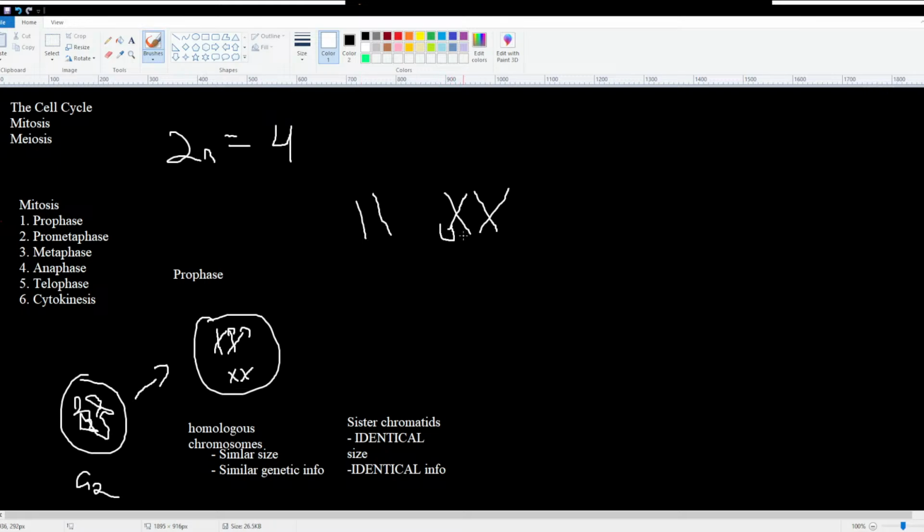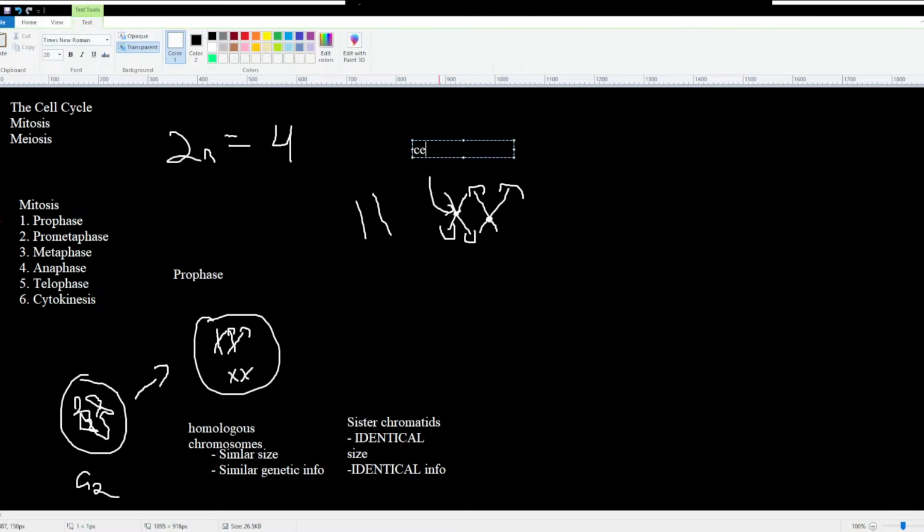But within these duplicated chromosomes, so chromosomes would appear like this after the S phase of the cell cycle, these would be sister chromatids, because sister chromatids are attached at the centromere. The center of the chromosome, after it's been duplicated, is known as the centromere.